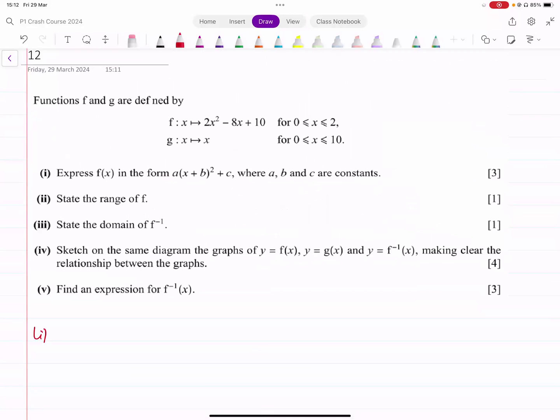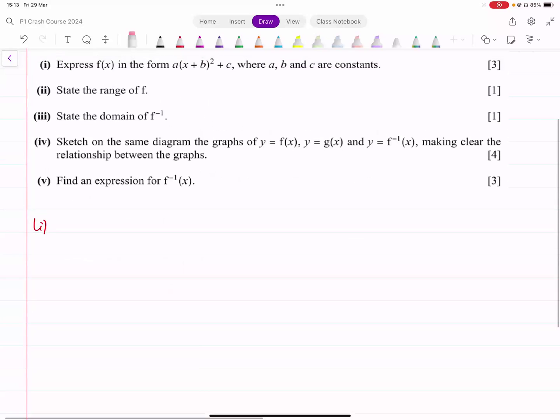Okay, so it says functions f and g are defined by these two expressions. The domain of the first function is from 0 to 2. Domain of the second function is from 0 to 10. We need to first express f of x in this completed square form, where a, b, and c are constants. Okay, so in the first part, we just have to use the completing square method.